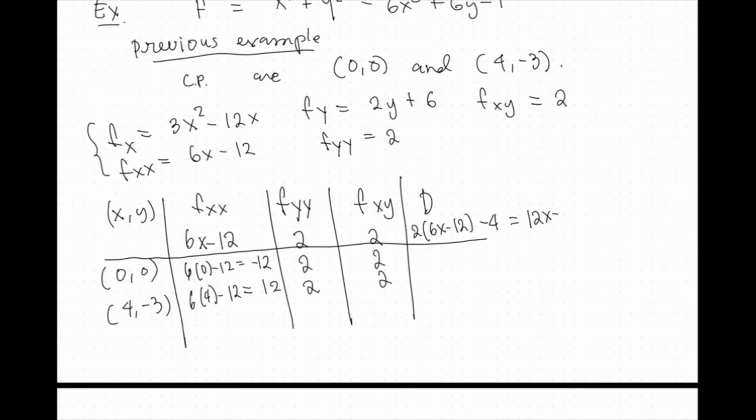Oh, wait. So f sub xy is actually the partial derivative with respect to x, and then with respect to y, we get 0.